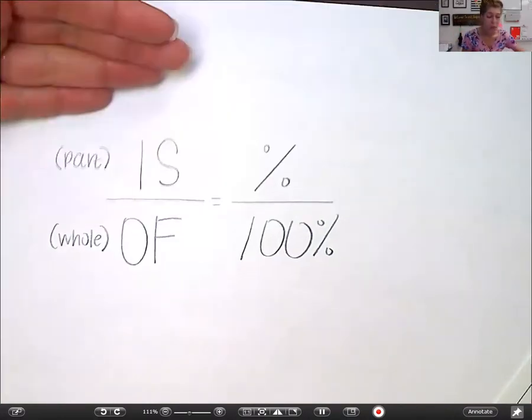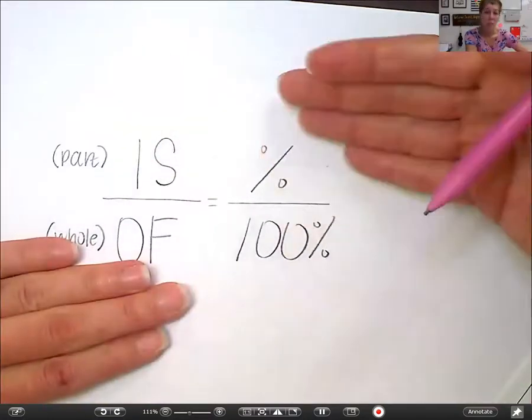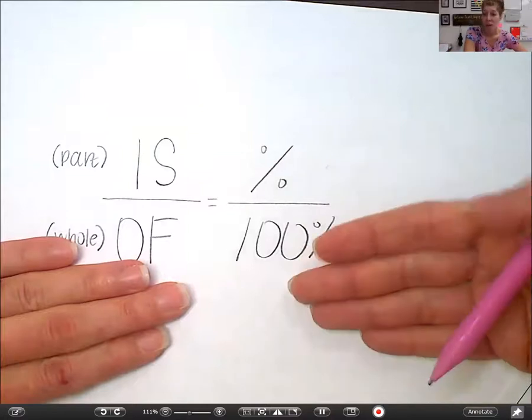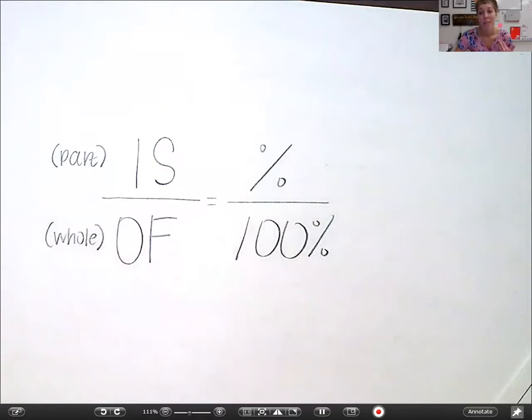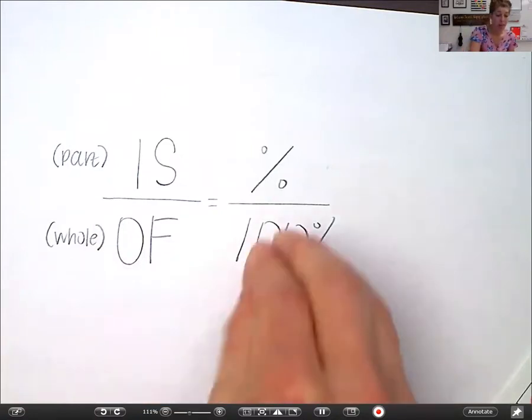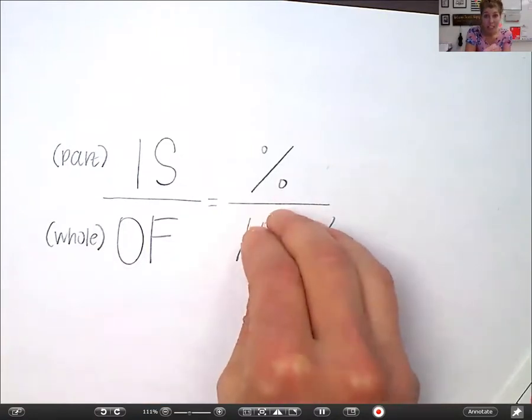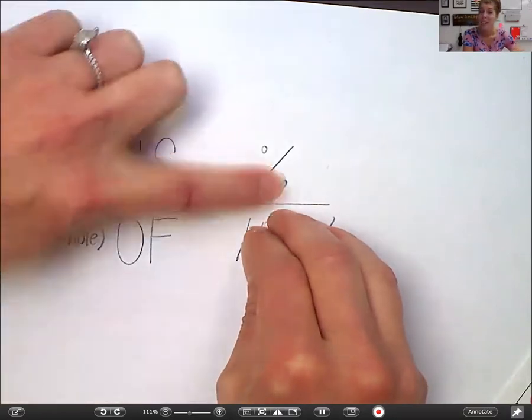The part over the whole, is over of, is some percent out of the 100% total. The good news is when you're doing percent proportions, 100% is set in stone. It does not move. It will stay there indefinitely, which means you only have 3 spots to fill in information.